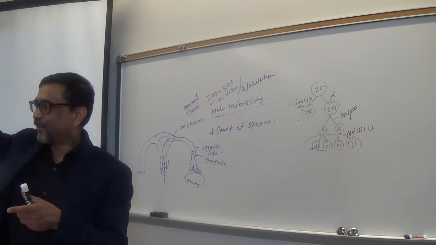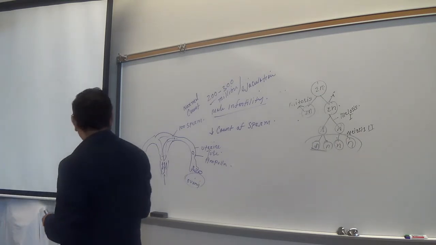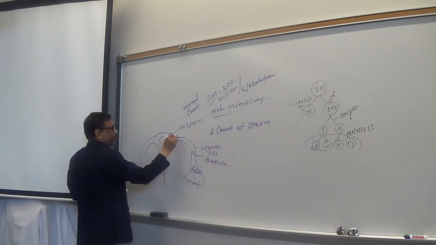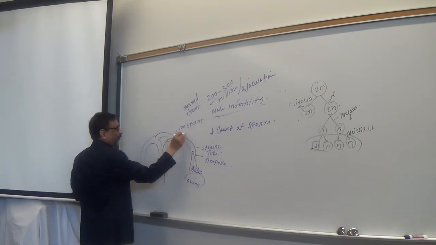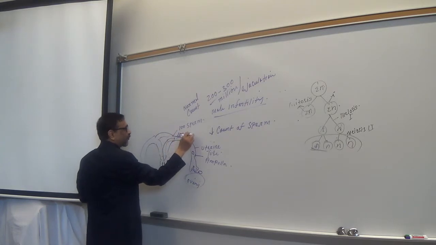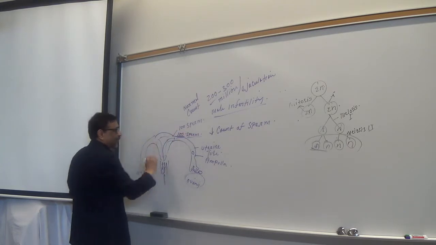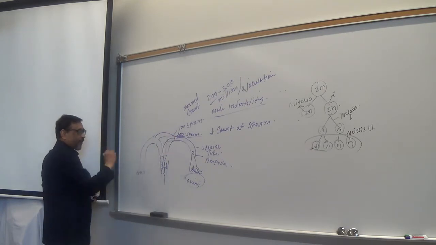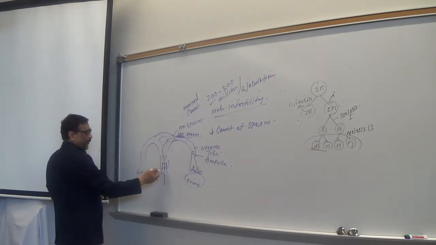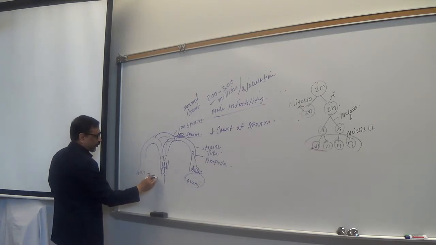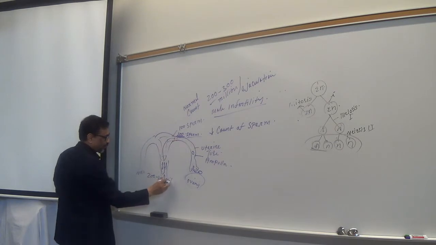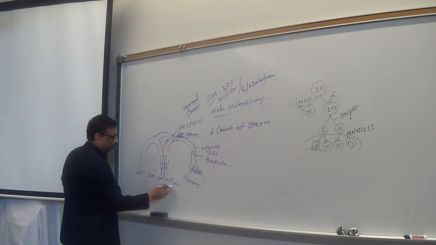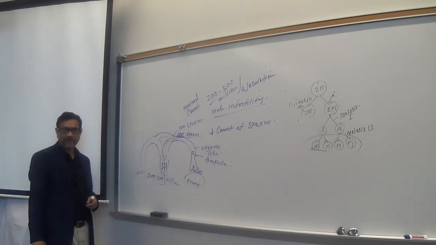Okay? And now you tell me, the normal count here is 100 sperm. From here to here only 100 arrives. Now if the count is 200 to 300 million, only 100 goes there. Make sense?